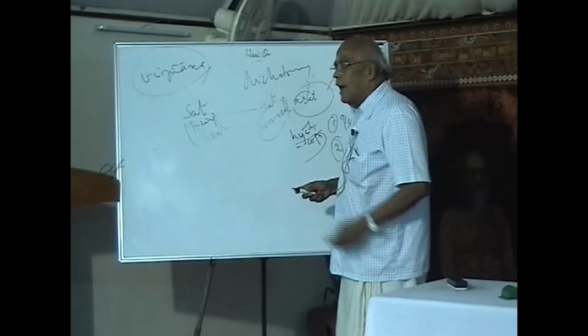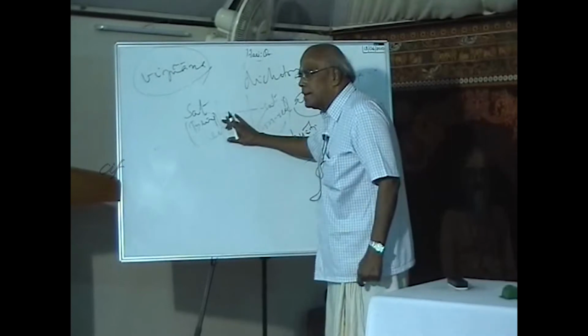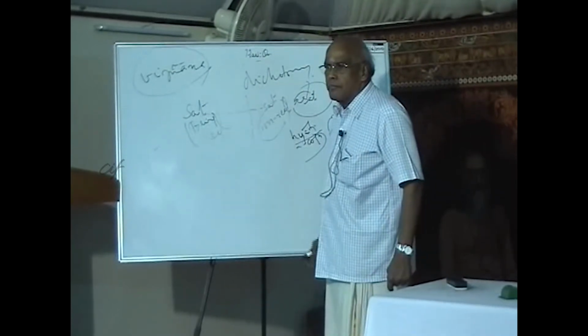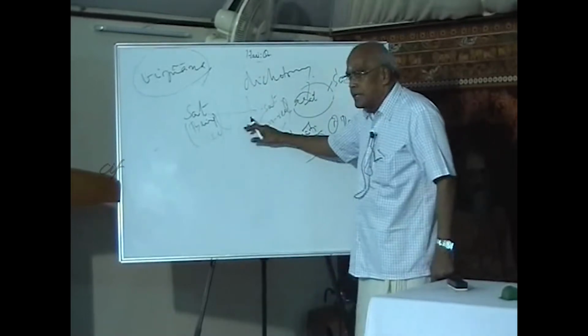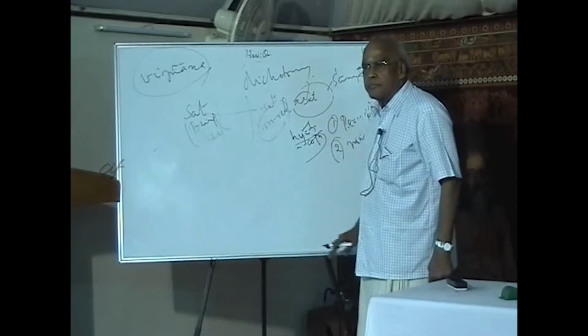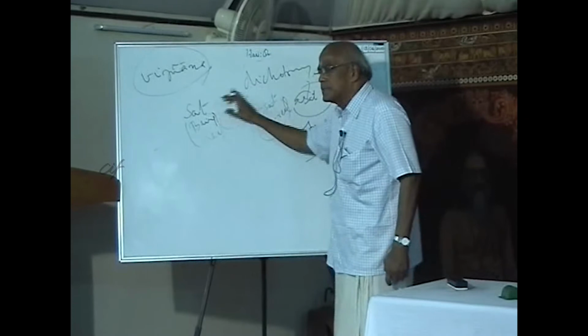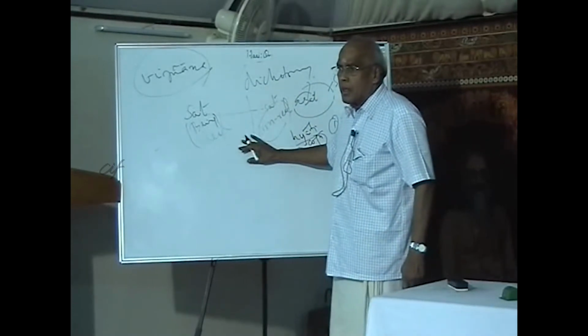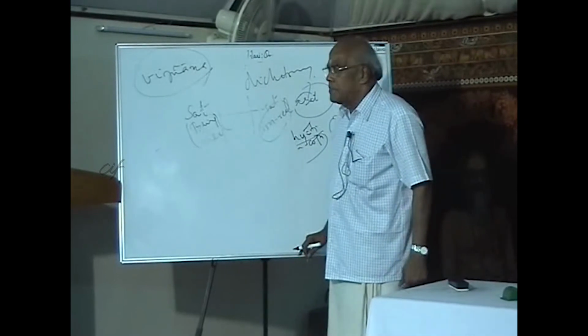Now, there are objects which cannot be characterized as Sat, that is reserved only for Brahman. There are objects which cannot be called Asat because they exist and we see them, we experience them. How do you characterize them? Sat must be existent all the time. It can't be absent at any time.